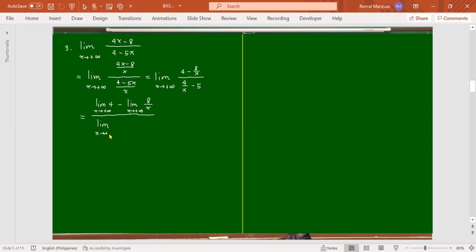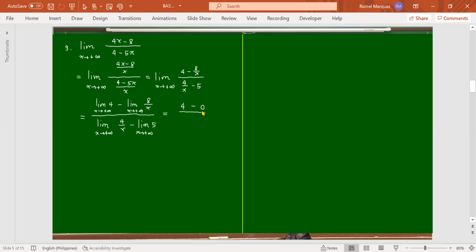This is positive infinity, approaching positive infinity of 4 over x. But of course, you can do it mentally. What's now the limit? The limit of 4 is 4. The limit of this, a positive constant over something getting very big positively, is going to be 0. Okay, guys?